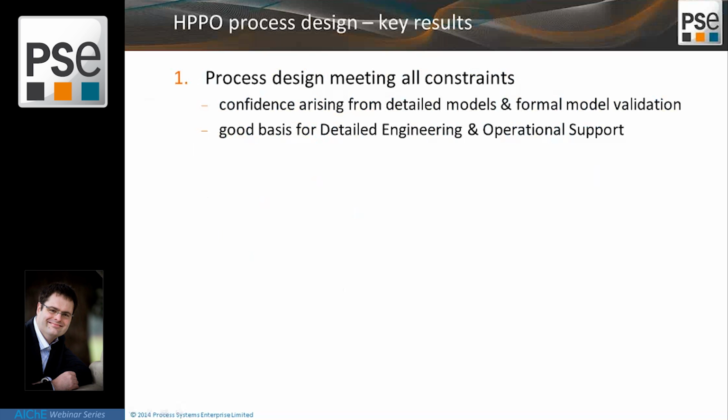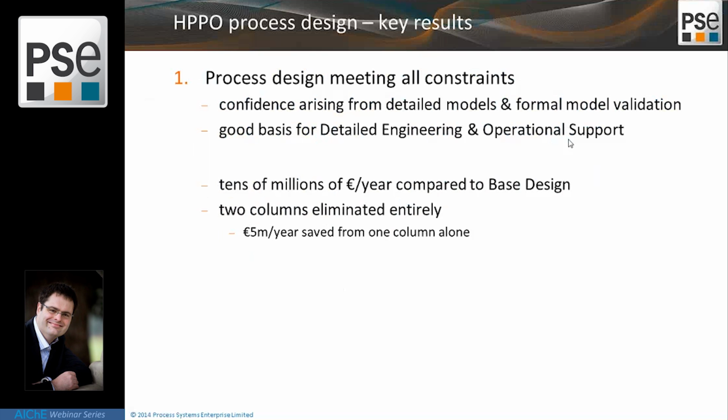There was a lot of confidence arising from the detailed models and the formal model validation project we went through for both the reactor and the columns, which meant this was a very good basis for detailed engineering and operational support. We achieved very large reductions in annualized cost, tens of millions of euros per year, compared to the base design that they had done before.